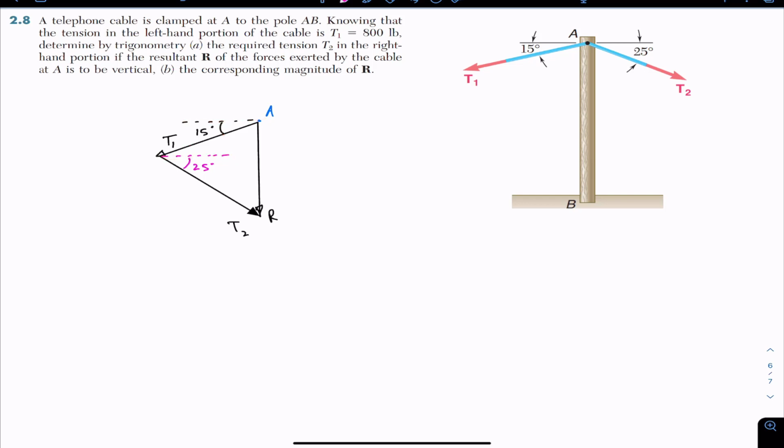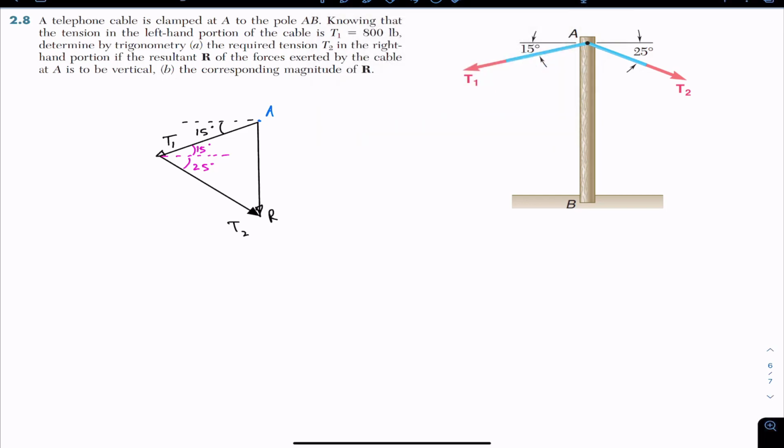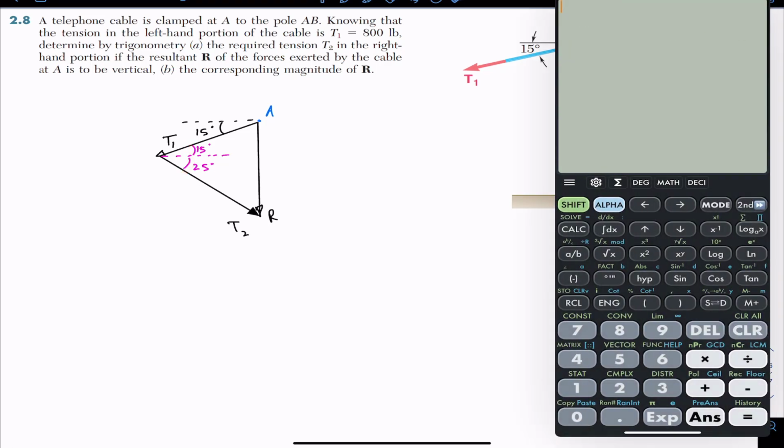So this is a 15 degree angle as well. Now 15 plus 25 is 40 degrees. So the angle between both of these vectors is 40 degrees when they are joined by the head to tail rule.